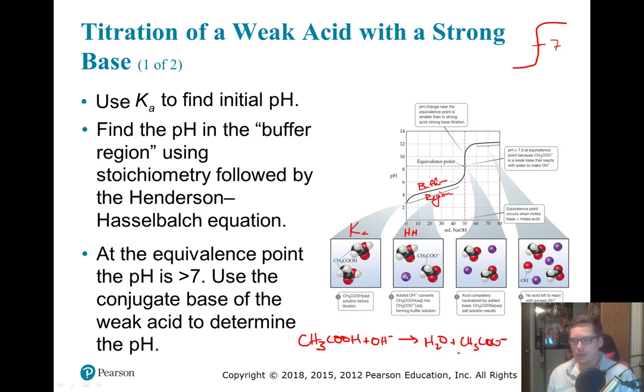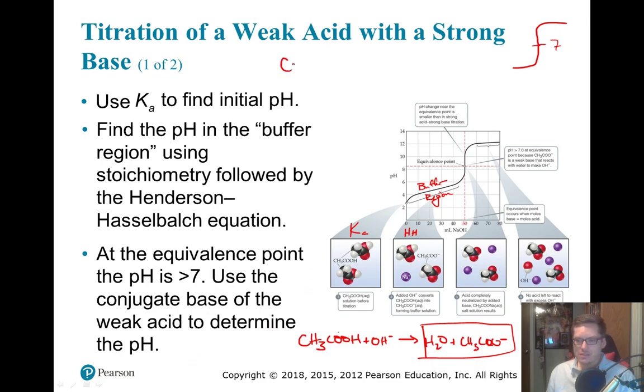Because this is a strong base, this reaction is going to go to completion. So at the equivalence point, we won't have any acetic acid left or hydroxide left. All we'll have left is our water, which is just part of our solution, that's just our solvent, no big deal. And then our acetate. Well, acetate is a weak base. So if we have acetate in our solution, it's going to act like a base, and therefore we'll have our Kb reaction.